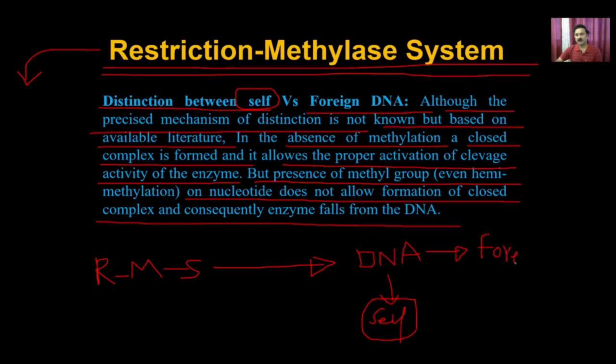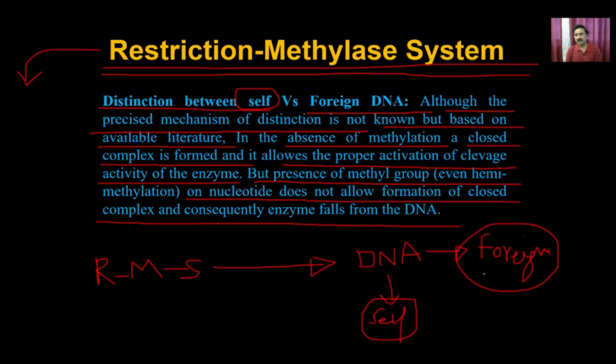For example, if you're talking about a bacteriophage, the bacteria will have an immune system like the restriction methylase system, which will recognize whether it is self DNA or foreign DNA. Many infectious organisms, when they attack a host cell, for example E. coli with a bacteriophage, first inject their DNA. And once the DNA enters, it integrates along with the chromosomal DNA.